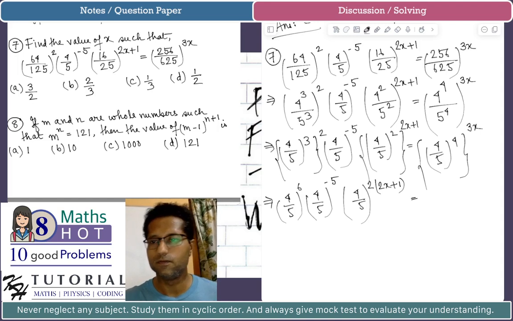And on the right hand side, we will have (4/5) whole raised to the power 4 into 3x.